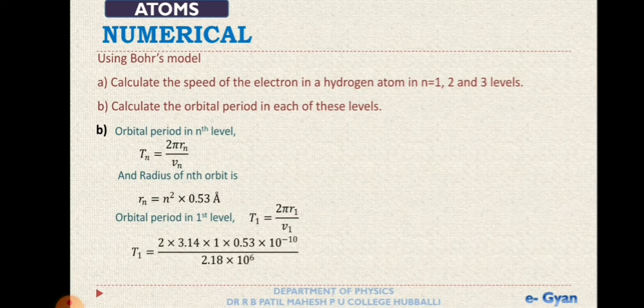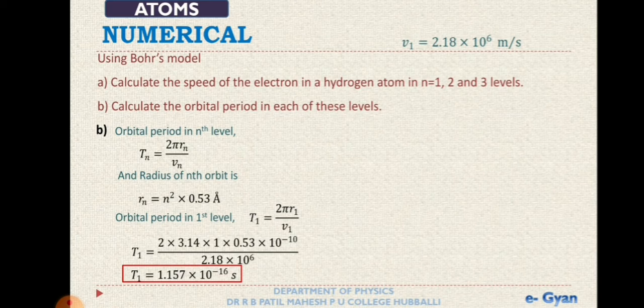By substituting the respective values of R1 and V1, where V1 is obtained from section A as 2.18 × 10^6 meter per second, we get T1 as 1.157 × 10^-16 seconds. So hence the orbital period of an electron in first level is 1.157 × 10^-16 seconds.